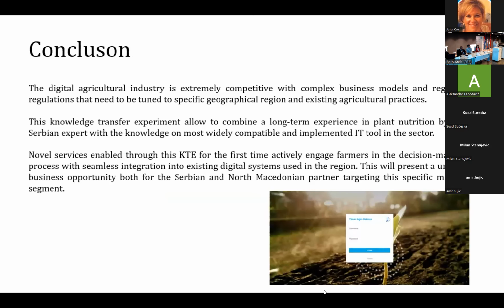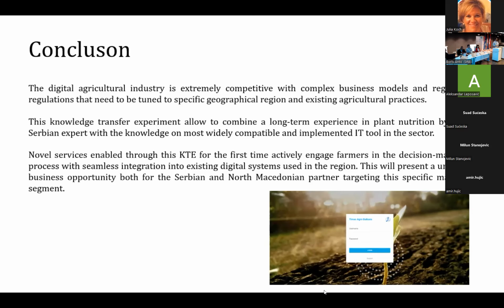So what is the conclusion? The big problem is that there is not one out-of-the-box solution for any part of agriculture production. You can't find one software or one hardware to solve all these problems in the agriculture production sector in all countries in the world. So you must customize everything.